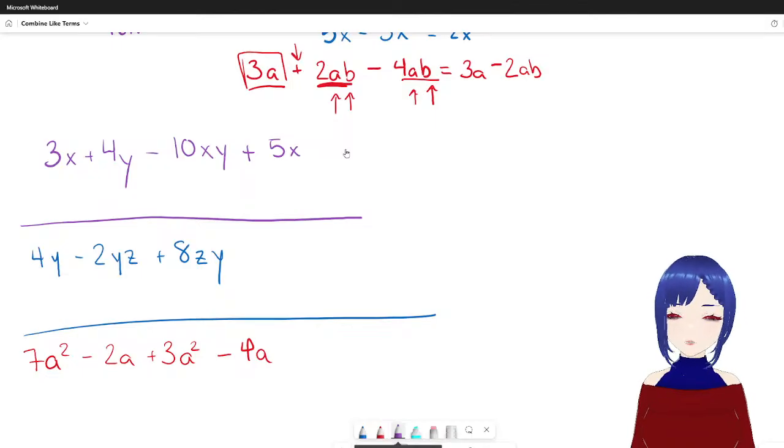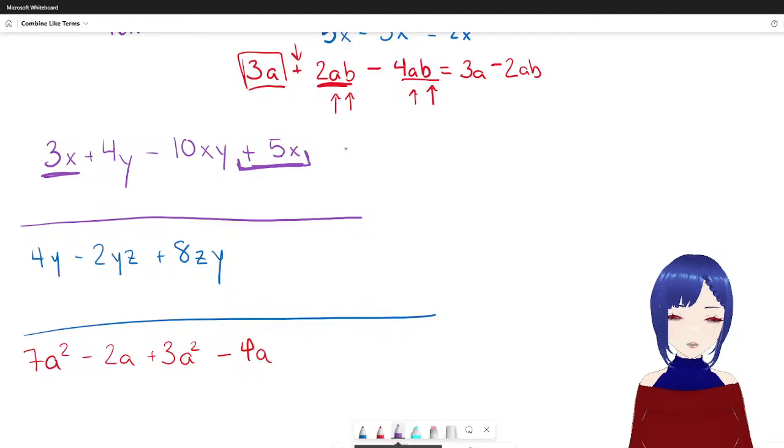So in this first one, I'll say, okay, 3x. I'm going to look for another term that just has a regular x. 4y, it's a y that's not an x. 10xy has an x and a y, it's not the same as just an x. And then 5x. And when you do this, you want to include whatever symbol is before your number as well.